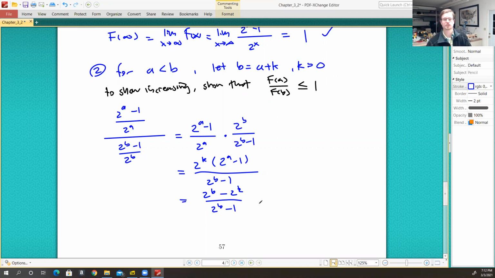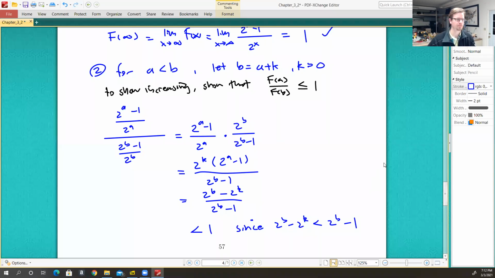And of course, this is less than 1, since 2 to the b minus 2 to the k would in fact be less than 2 to the b minus 1. Right? Our k value is greater than 0, so 2 to the k is at least 2 to the first.